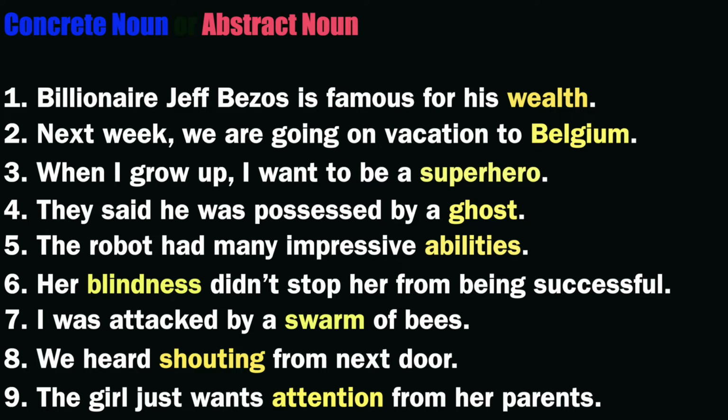Number 6, her blindness did not stop her from being successful. Number 7, I was attacked by a swarm of bees. Number 8, we heard shouting from next door. And number 9, the girl just wants attention from her parents.